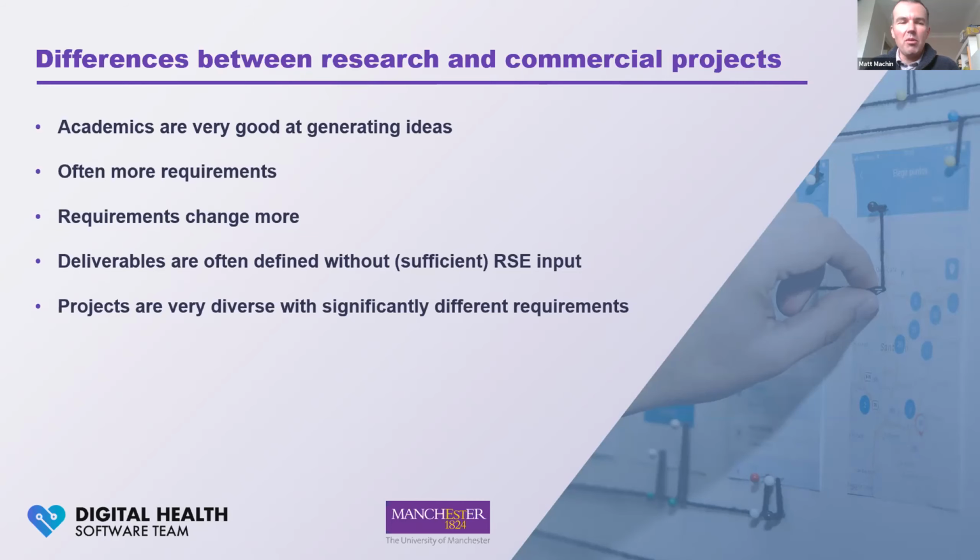Although I work mostly in healthcare, we still have a really wide range of projects there. If you're working across healthcare, engineering, humanities, and all other areas, you probably find some very diverse projects. And that, I think, is an important difference between academia and industry, and creates some interesting challenges.